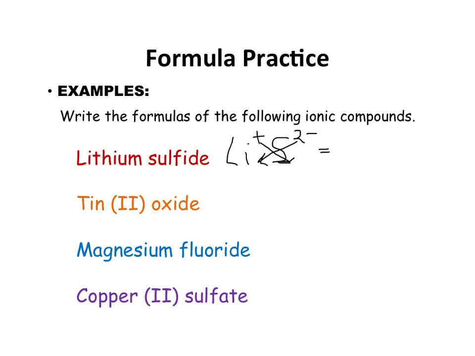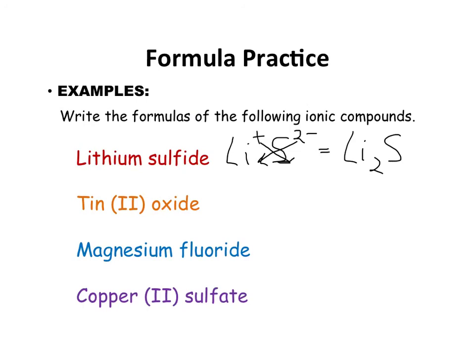So Li gets a 2 as a subscript. Remember, subscripts are sunken down. He gets that from the sulfur. And the sulfur gets a 1, which we don't write. So the formula for lithium sulfide is Li2S. So we did symbols, charges, crisscross, simplify if you can. We can't simplify. It's a 2-to-1 ratio. It's already in the lowest whole number. Let's do the next example.